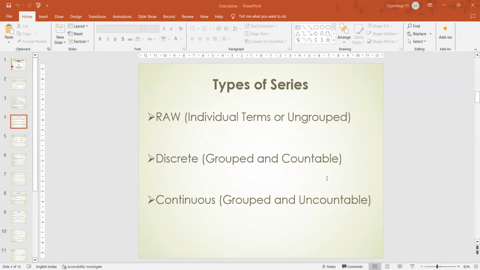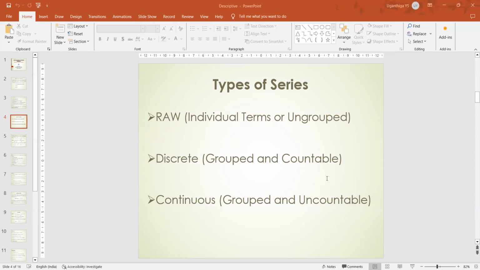We have different types of series when we collect and present the data, so we have different formulas. Based on the data series only, we need to choose the formula. Here there are three types of series: raw data, discrete, and continuous. Raw data is individual terms or ungrouped data.